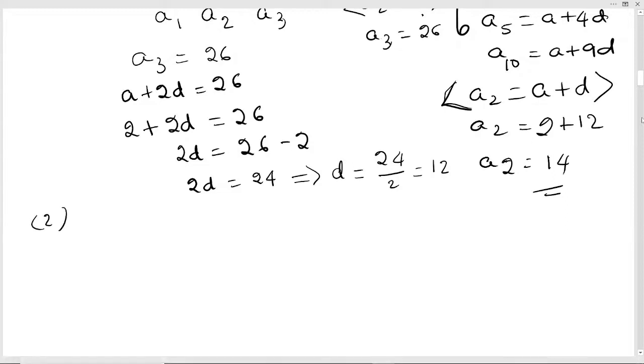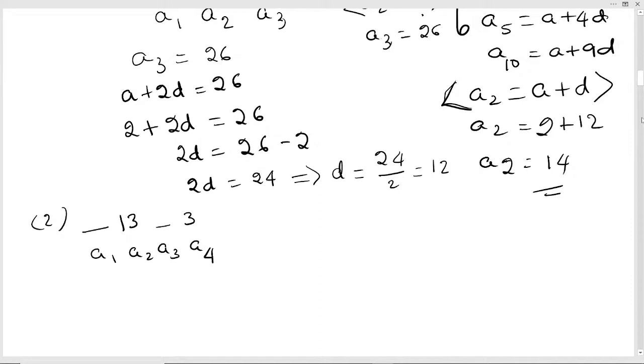dash 13 dash 3. So you need to find the 2 boxes here. So you need to fill the 2 boxes here. As usual, call the first one as A1, the second one as A2, the third one as A3, this one as A4. Okay.